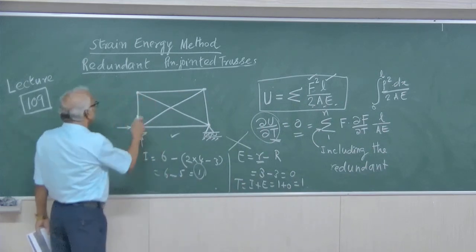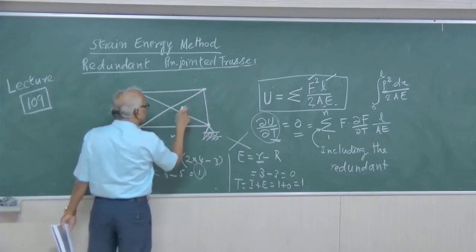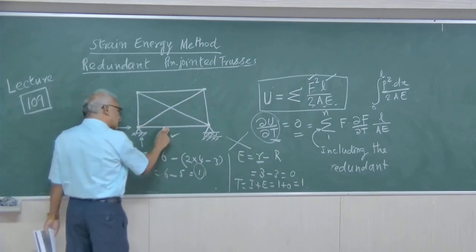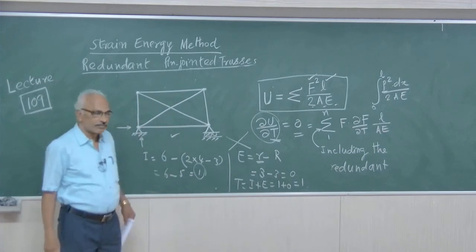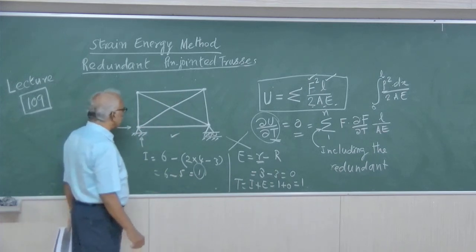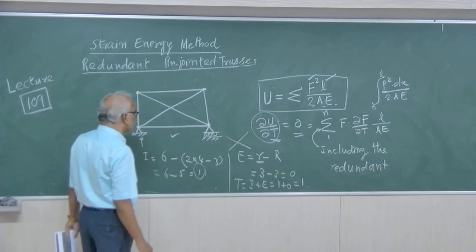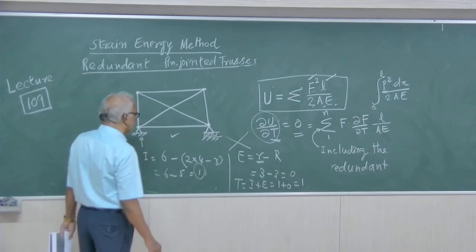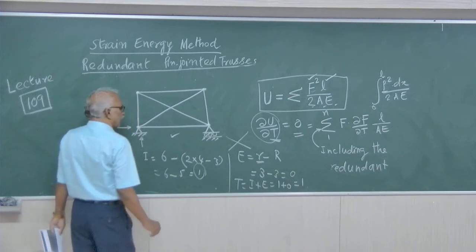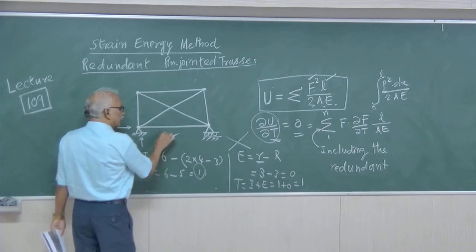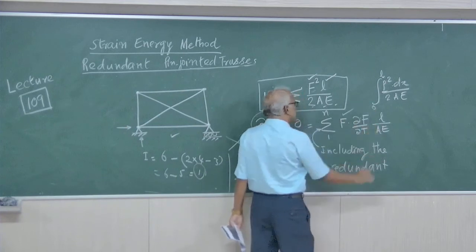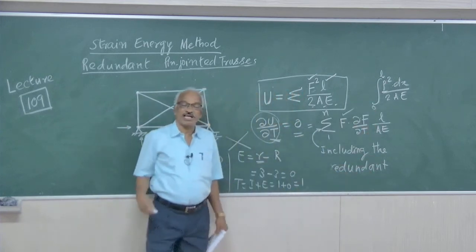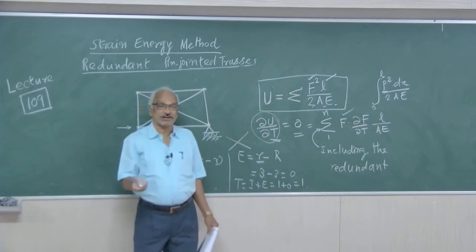If I take this member or this member, you may have some doubt. Let us treat this member as redundant. Treat the horizontal member as redundant. Or any member, it is the same, right? Now this member is removed. You find out the value of F. F is the force in various members due to the external force.